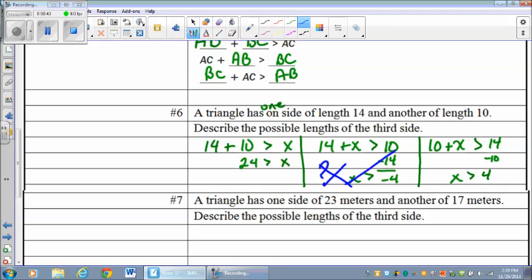So this one is not needed. So I'm looking at my other 2 answers here and realizing that the x is less than 24, but the x is greater than 4. So I'm going to put this in an inequality where I have my x in the center. I know x is less than 24, but it's got to be bigger than 4, and this represents all my values I could have for my third side.